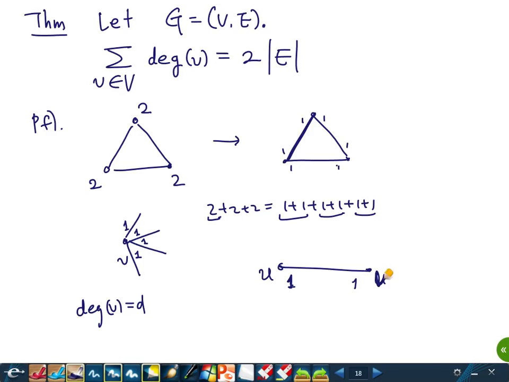So the contribution of every edge inside this sum is going to be 2. That's basically the proof. So the sum of the degrees is equal to 2 times the number of edges. Does this make sense? Is it okay?